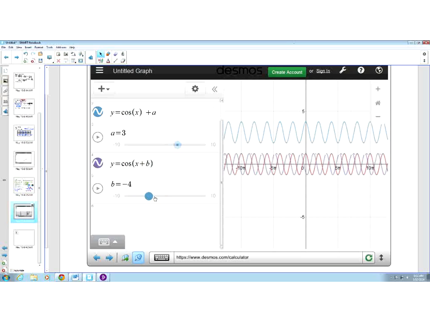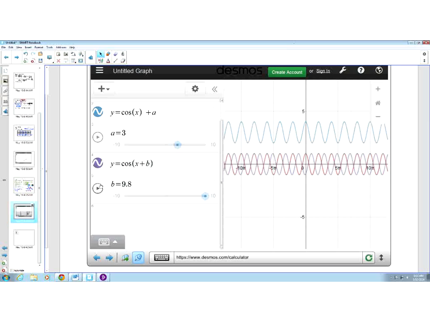Now when I increase b, in other words, as I move my slider to the right, notice that the purple curve is moving to the left. Okay. So this is a left shift. As you increase b, the curve shifts to the left. So positive values of b map to a negative translation in the x direction.